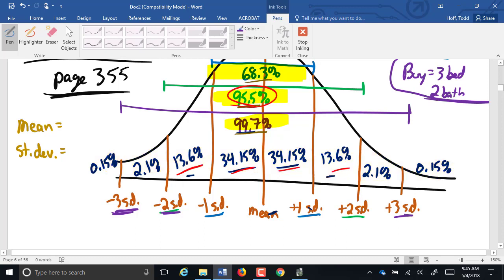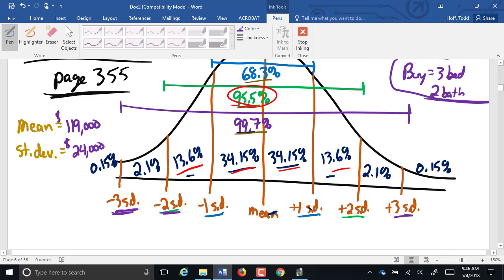What you found is in that area, over the last few years, you've taken the price of all homes that have sold that are 3 bedrooms and 2 bathrooms, and you found the mean selling price is $119,000 with a standard deviation of $24,000.